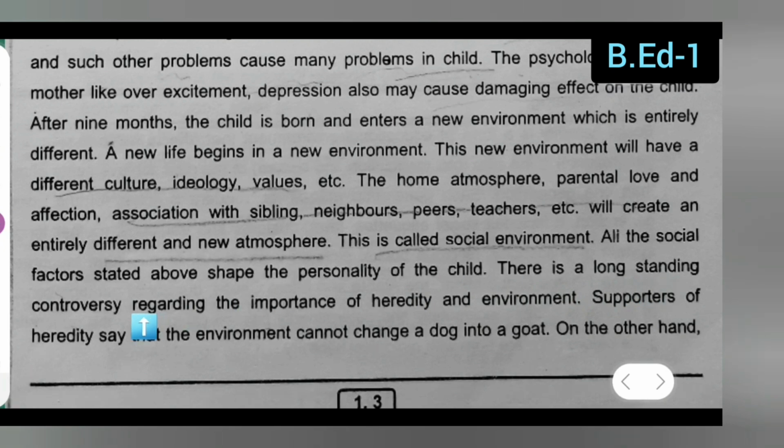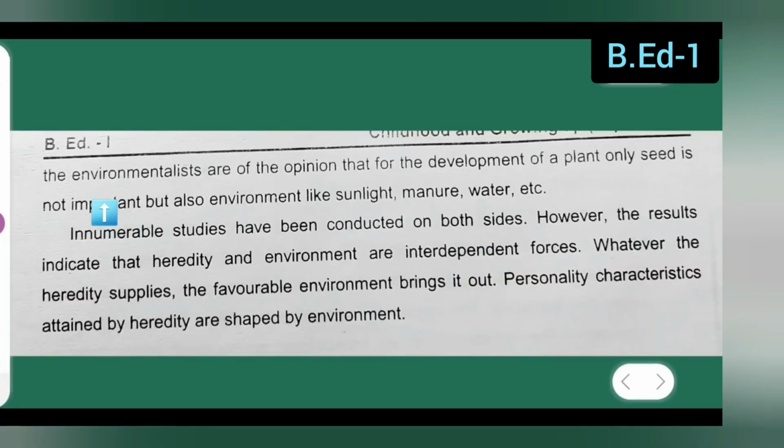There is a long-standing controversy regarding the importance of heredity and environment. Supporters of heredity say that environment cannot change a dog into a goat. On the other hand, the environmentalists are of the opinion that for the development of a plant, not only the seed is important, but also environment like sunlight, manure, water, etc. Innumerable studies have been conducted on both sides.